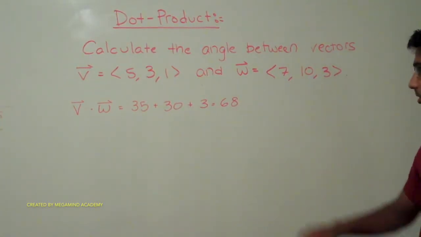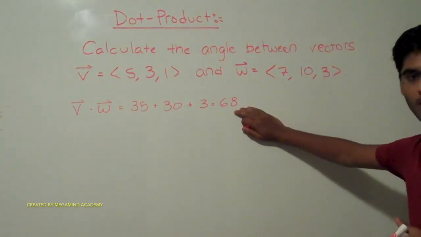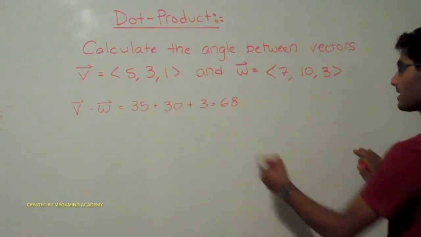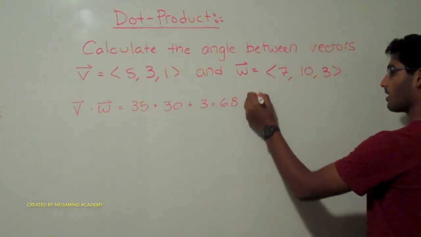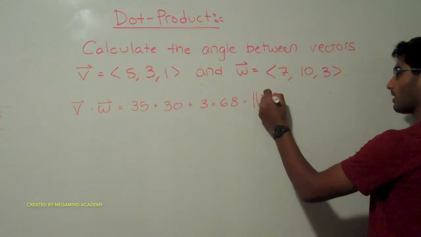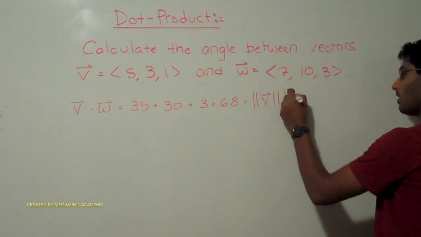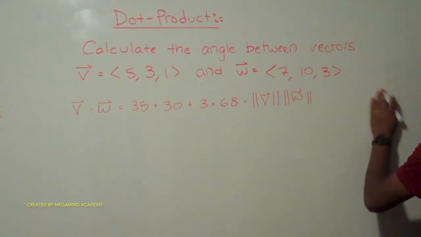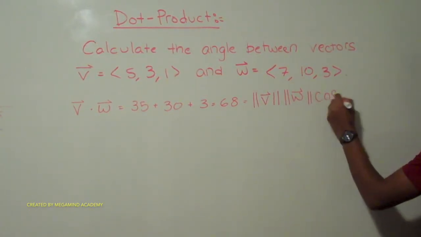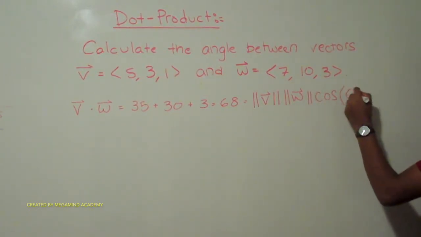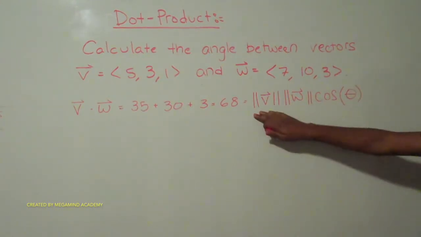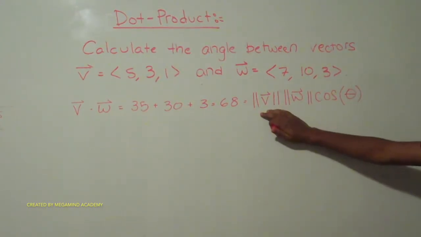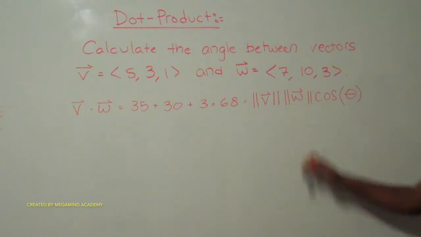Now that we know that the dot product is 68, we know that this is also equal to the magnitude of vector v times the magnitude of vector w times the cosine of the angle between vectors v and w, so cosine of theta. So now let's find the magnitudes.